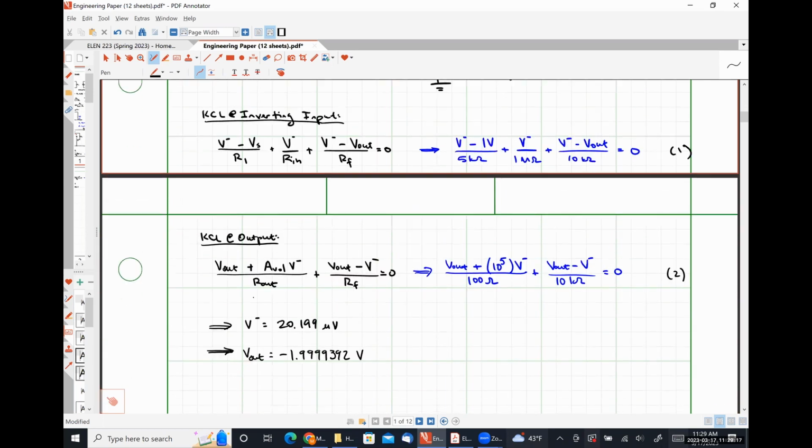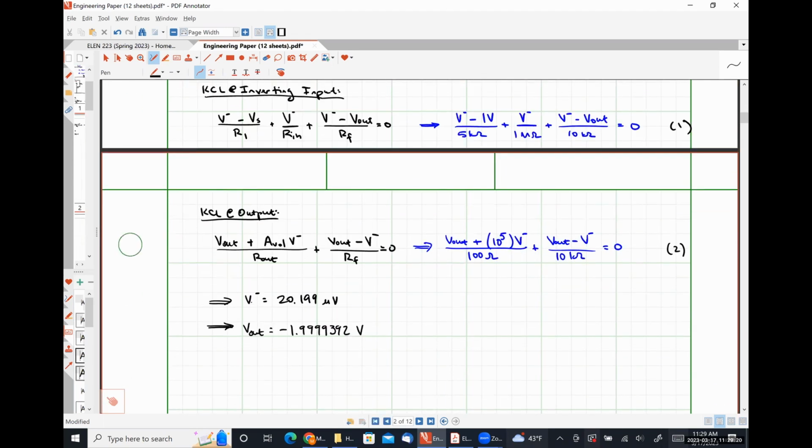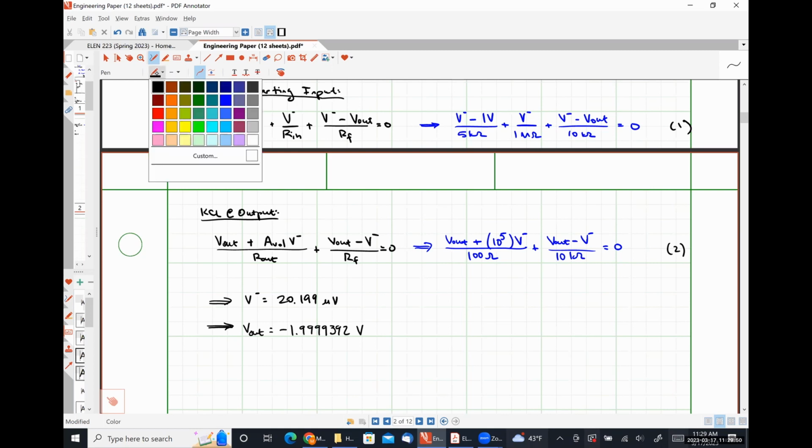And we see that we're getting an output voltage of negative 1.9999 and change for an input signal of positive 1 volt. So our gain is effectively negative 2. So everything indicates here thus far that we're behaving pretty close to the ideal case, even though we're using finite values.